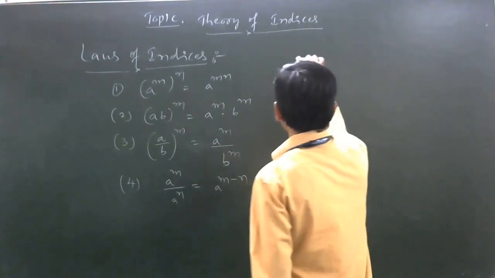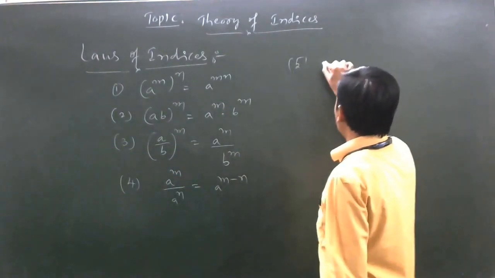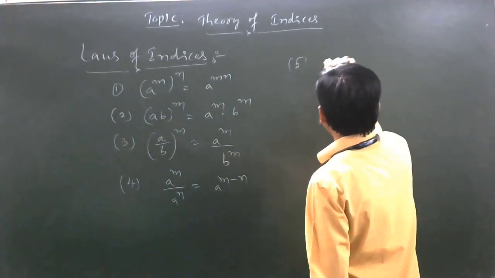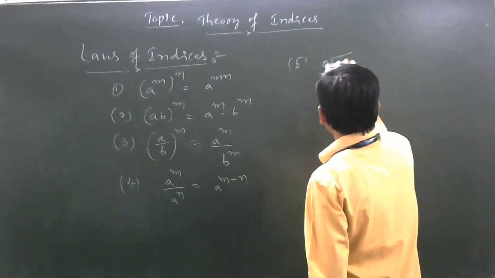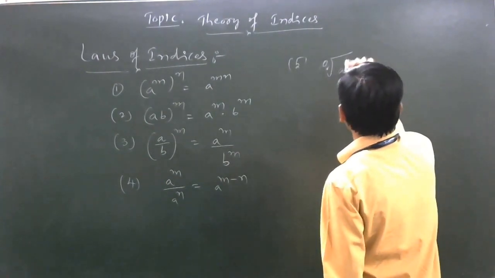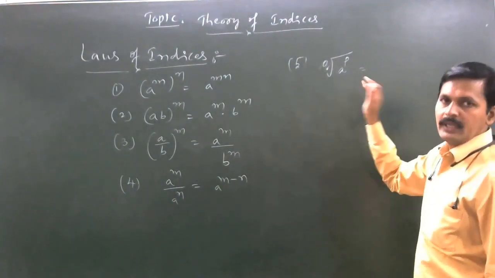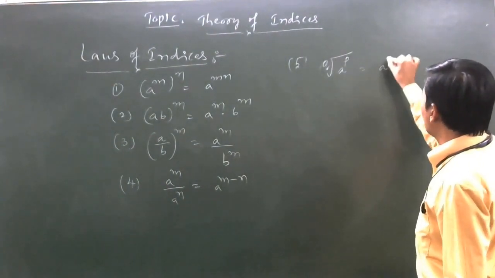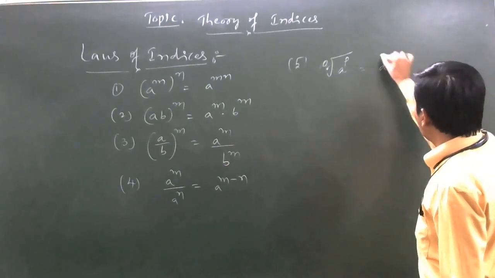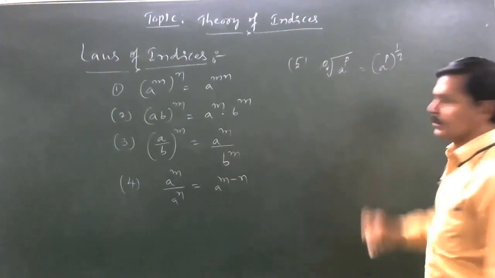Next, the fifth one is the qth root of a power p. The qth root of a power p can be written as a power p whole power 1 by q.